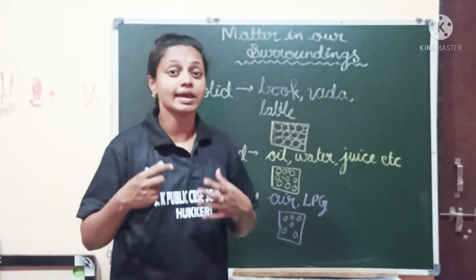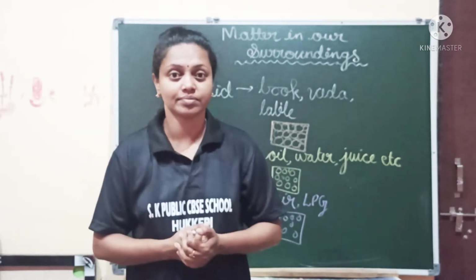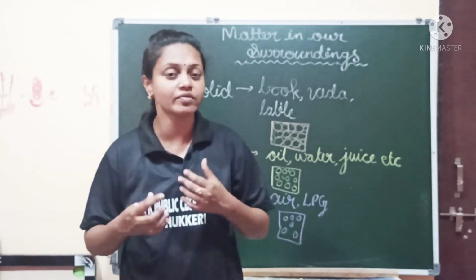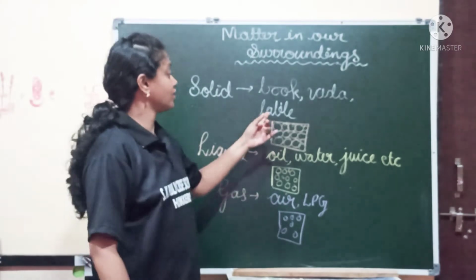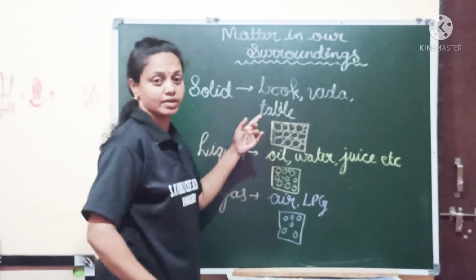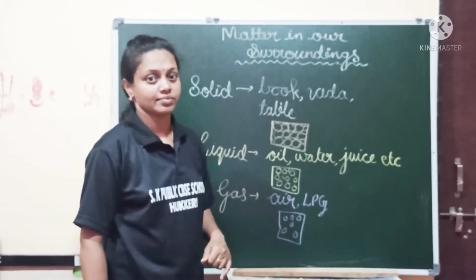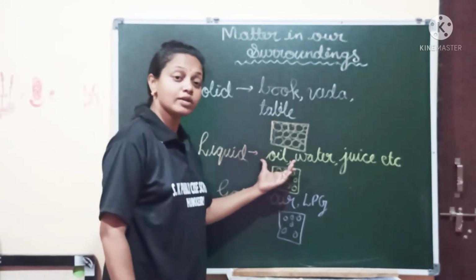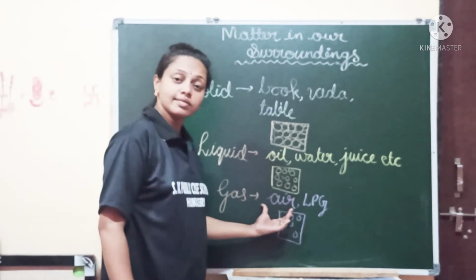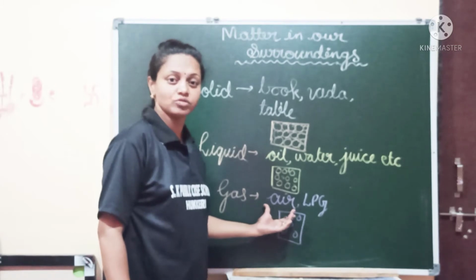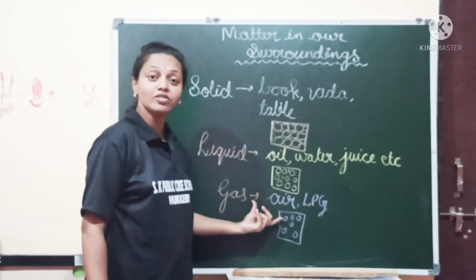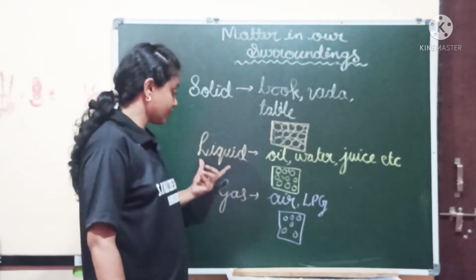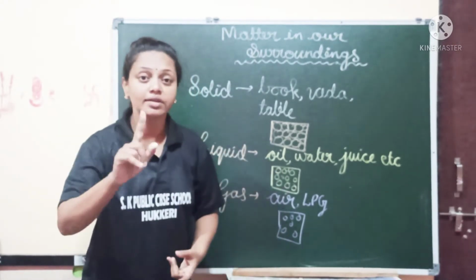We can see it, we can touch it, we can feel it. Okay, and it is heavy also. Compared to air, compared to a balloon, your table is heavy, book is heavy. Compared to oil and water, this is lighter. Understood? Now till here the intermolecular space between the solid, liquid, gas you have understood.